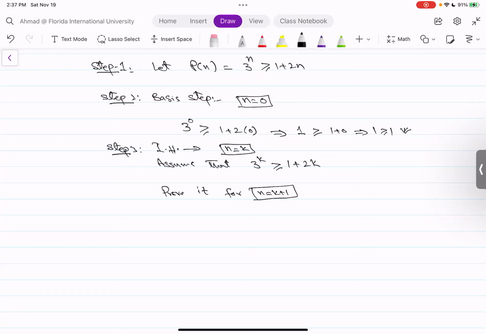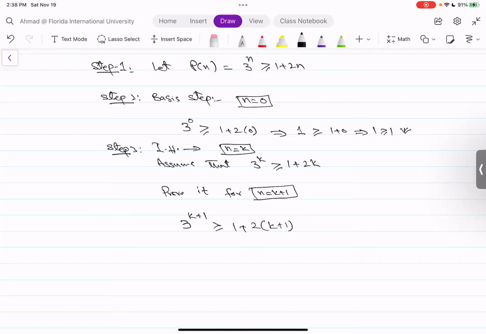That means I am now going to have 3 to the power of k plus 1. Remember one thing: in the previous examples, we were finding the k plus 1 term by adding the k plus 1th term, but here we are going to replace k with k plus 1 only. So this is going to be greater than or equal to 1 plus 2 times k plus 1.